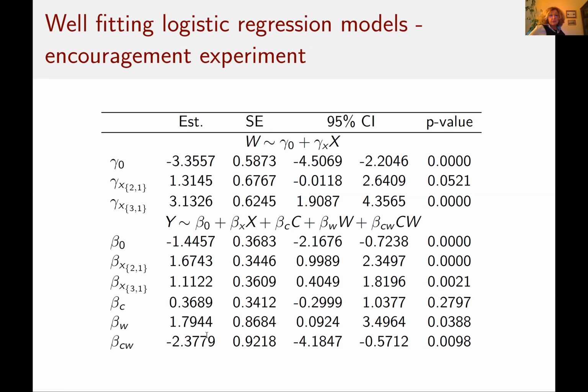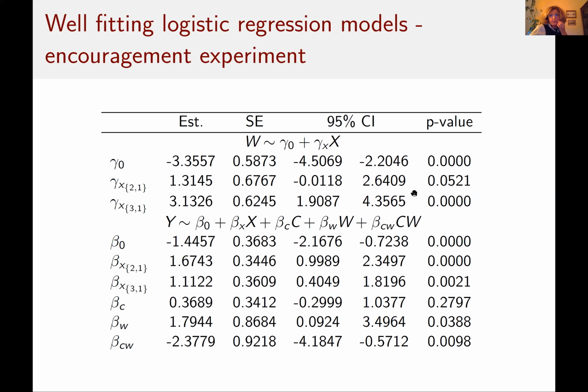And here I present the well-fitting regression models for the encouragement design. And these are basically the results. Remember you have three possible scenarios: the baseline intervention, the intermediate, and the most extreme, where students are also given a sort of a prize in terms of credit points.